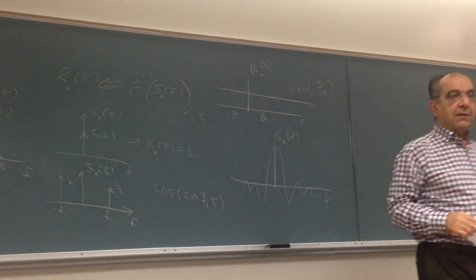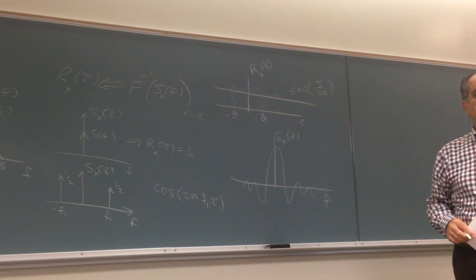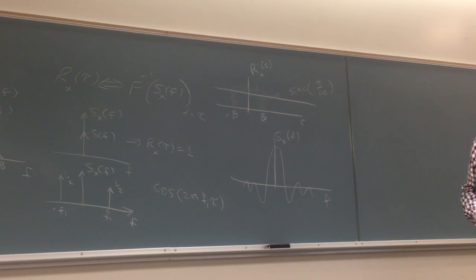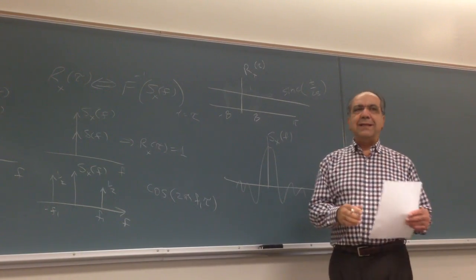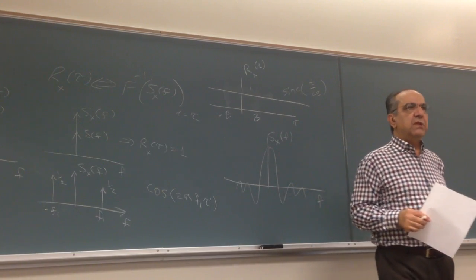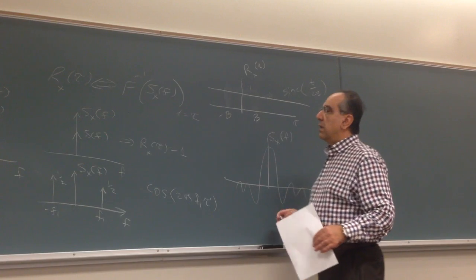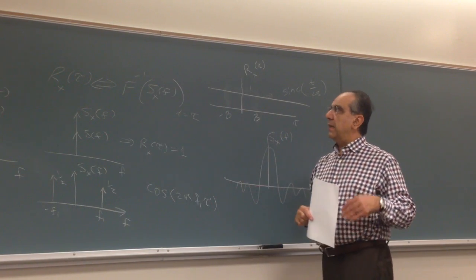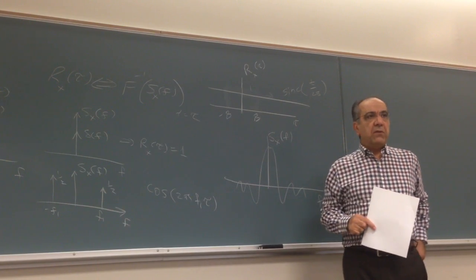Power spectral density, again, is an impulse at F equal to 0, so it is a DC and whatever. What we're talking about is back to chapter 2, Fourier transform and inverse Fourier transform: how to convert autocorrelation to power spectral density and how to get autocorrelation from power spectral density.